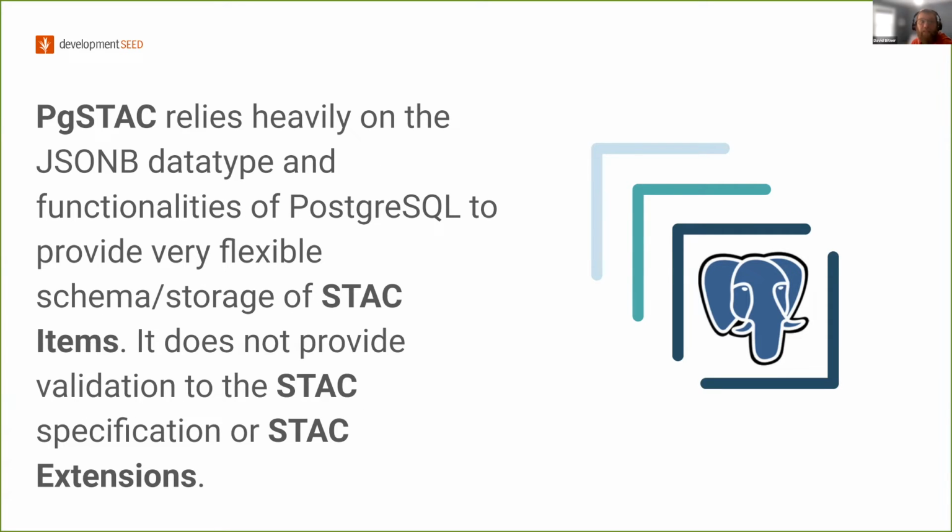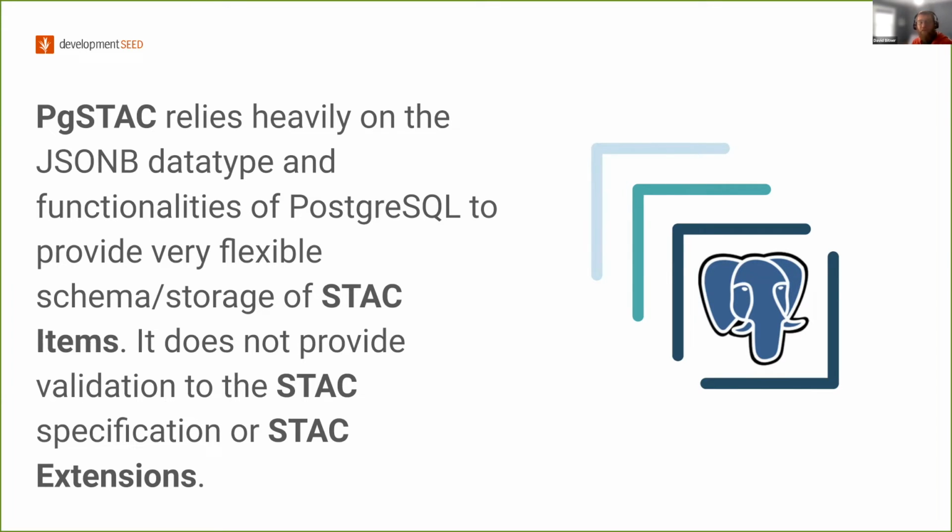Within the database, PgSTAC relies heavily on the JSONB data type and functionalities of Postgres so that we can have flexible storage of STAC items. In particular, what this means is that PgSTAC does not actually provide any validation to the STAC specification or to any of the STAC extensions. PgSTAC can take any data that you put in as JSON, and it will store it.